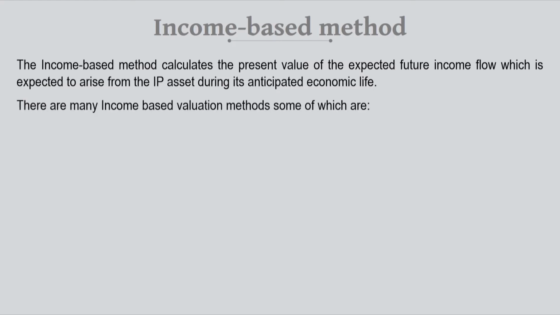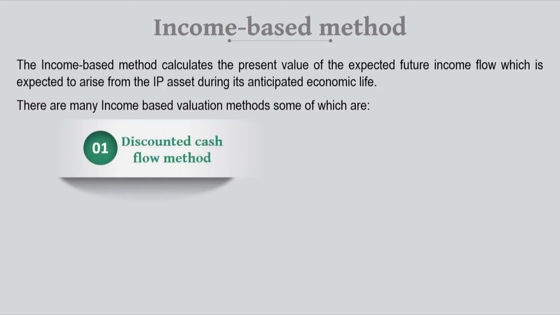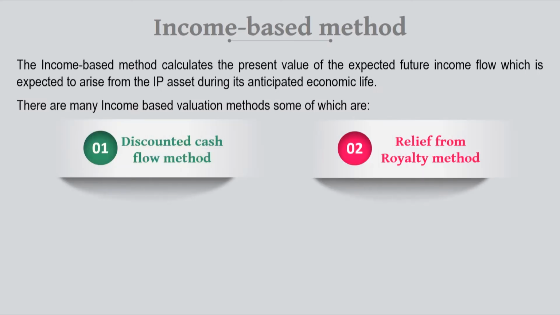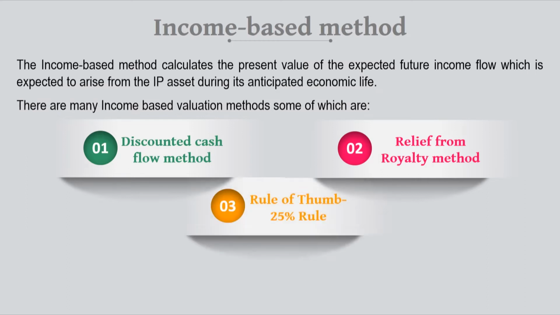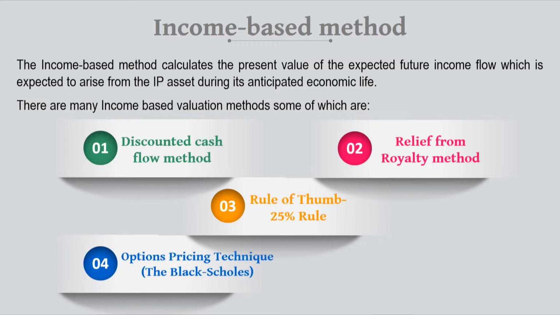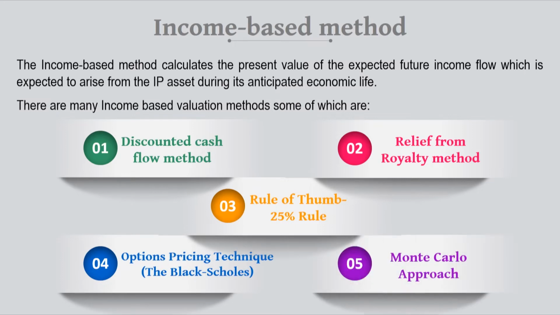Now, there are many income based valuation methods which are commonly used. These are discounted cash flow method, relief from royalty method, rule of thumb, that is 25% rule, options pricing technique which is also known as the Black-Scholes method and the Monte Carlo approach.